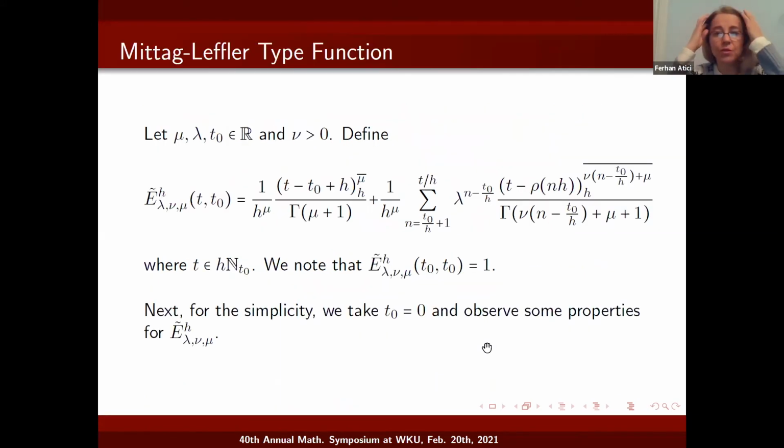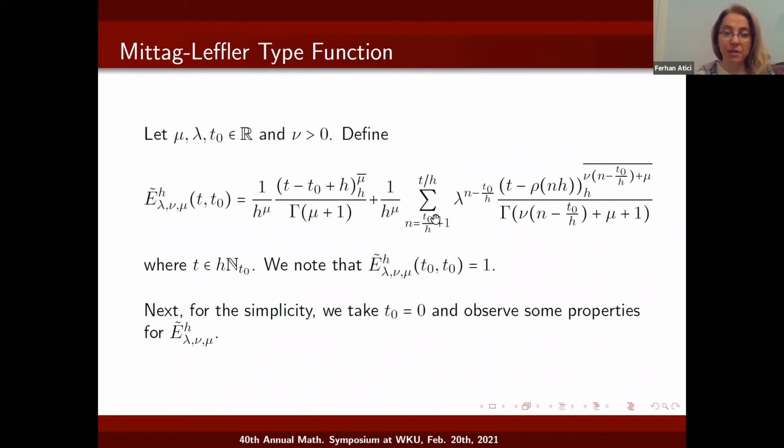I'd like to continue with the Mittag-Leffler type function for our case, where we are working on the h-discrete domain. And here is the Mittag-Leffler type function that we have. I want to point out that when h converges to 0, the upper limit of the series becomes infinite. Just consider this t sub 0 as 0.